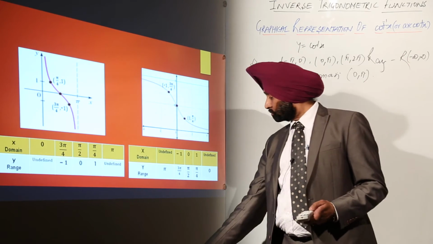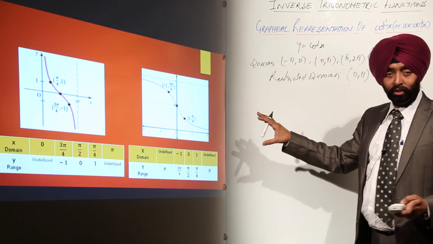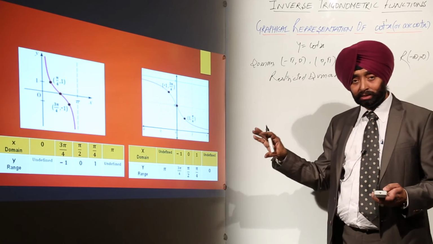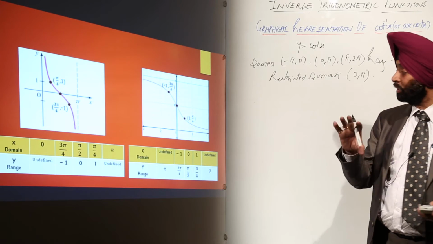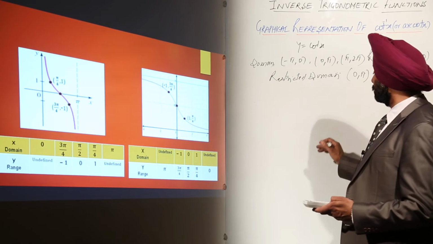Now when the domain and range are settled, we can see that it is a one-one and onto function, and then it becomes the inverse part. So let's define it.